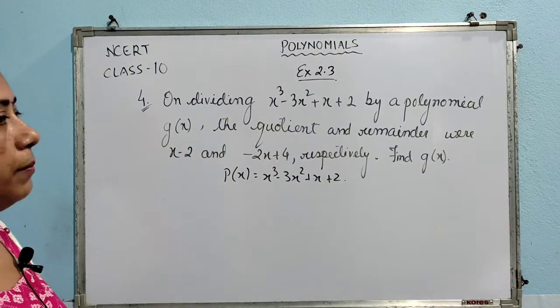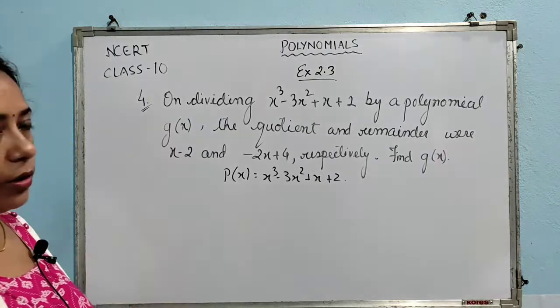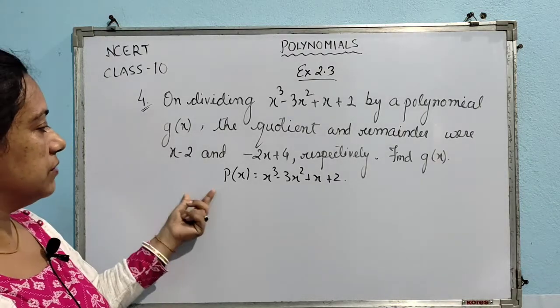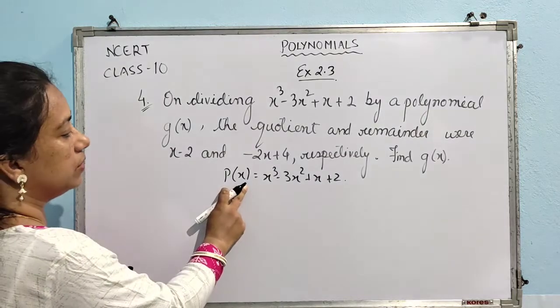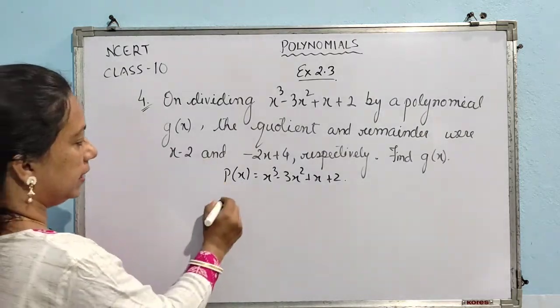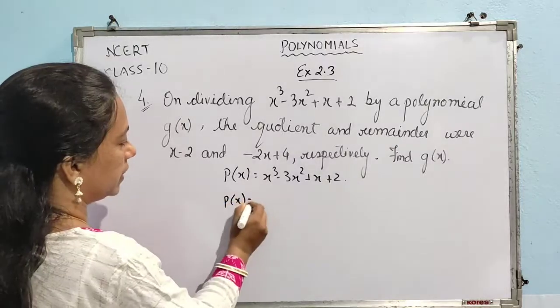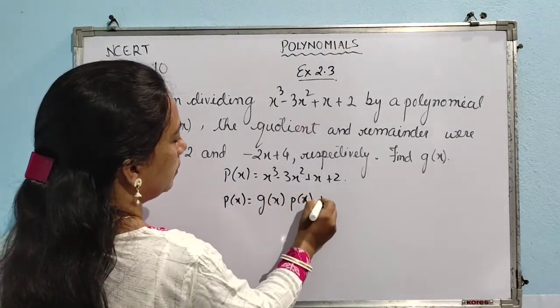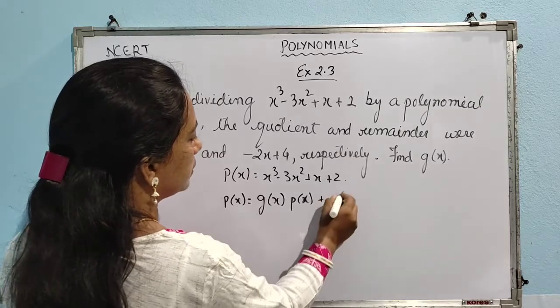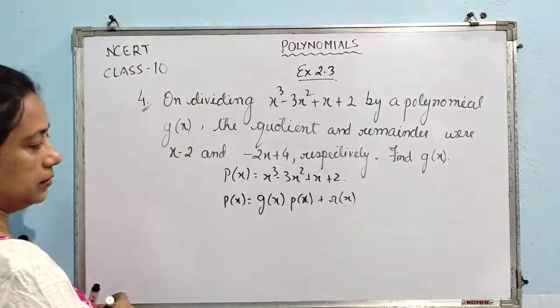Now by the division algorithm, we know that dividend is equal to divisor into quotient plus remainder. If I have considered my given polynomial to be p of x, then p of x is equal to g of x into q of x plus r of x, the remainder.